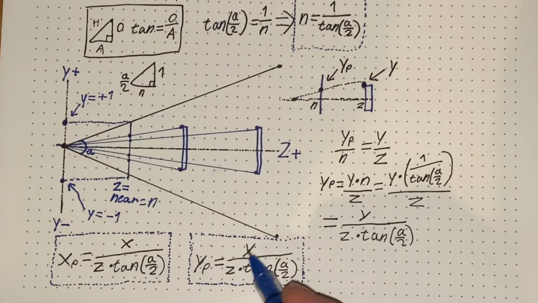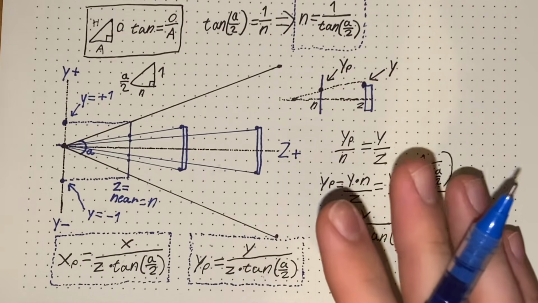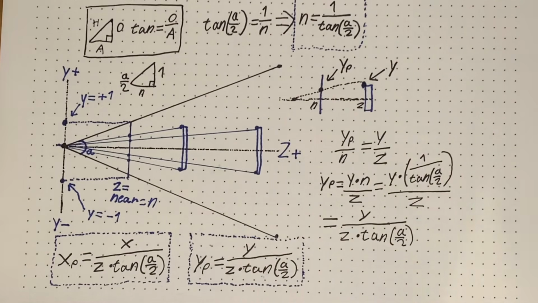And for y, you supply the y of the 3D space and the depth, the z value, and then you get a new y. And this is what we wanted. So this is what we set out to do to begin with. So we went from 3D space, world space, into 2D space, but we bake in depth information to preserve perspective. So we're done now. Like this is what we wanted.